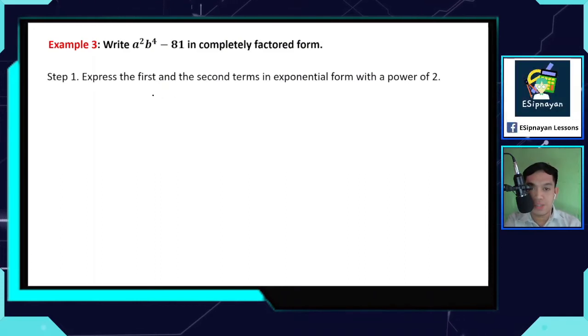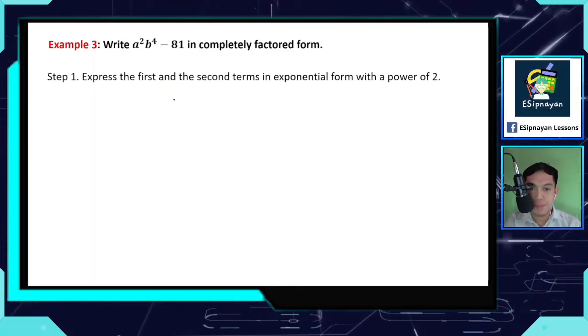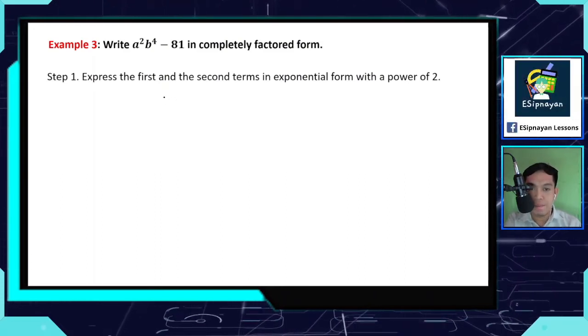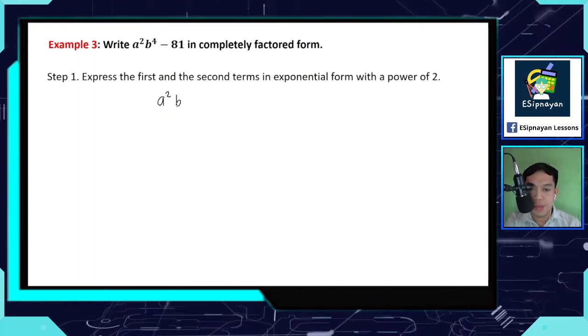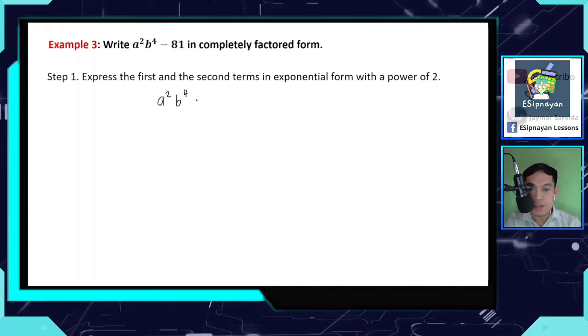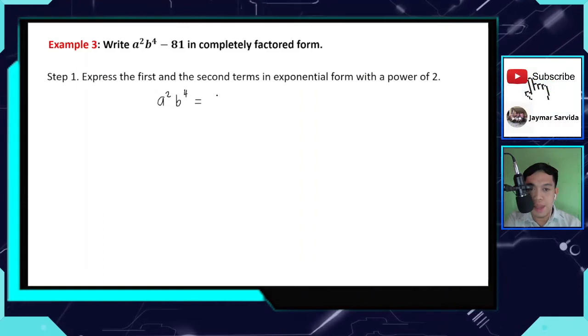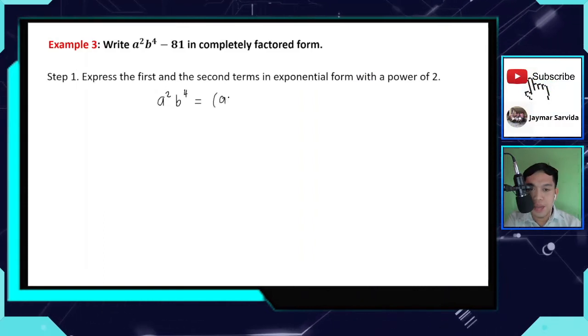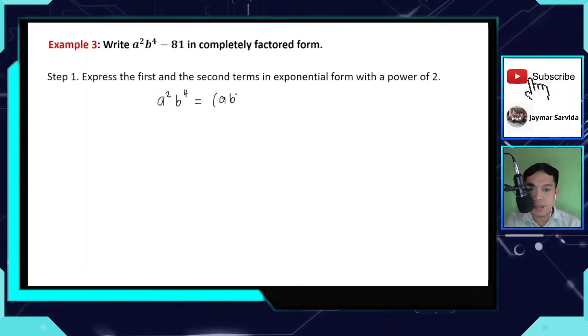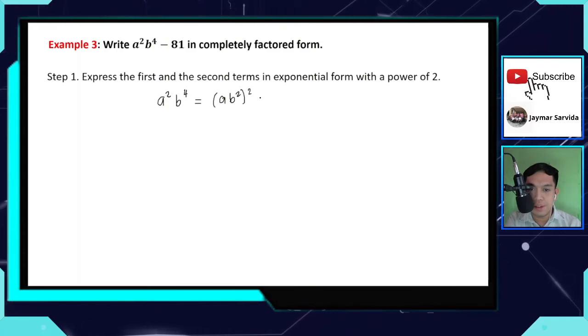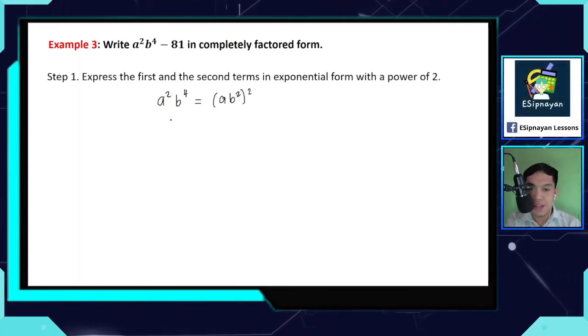So yung a squared b raised to 4 natin, ito ay magiging a times b raised to 2 squared. Then, yung ating 81 naman is equal to 9 squared.